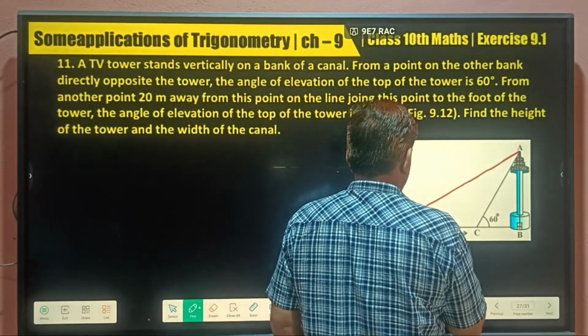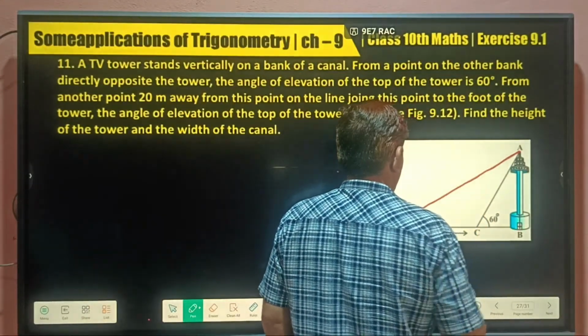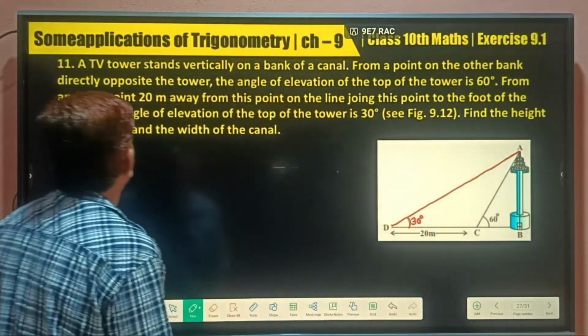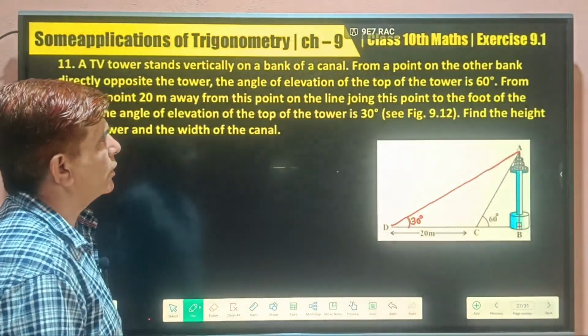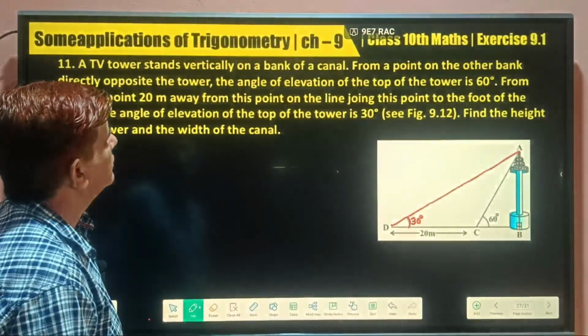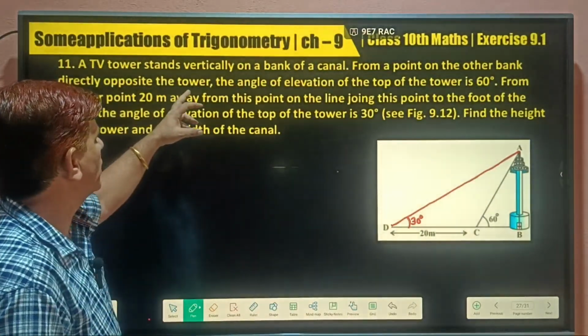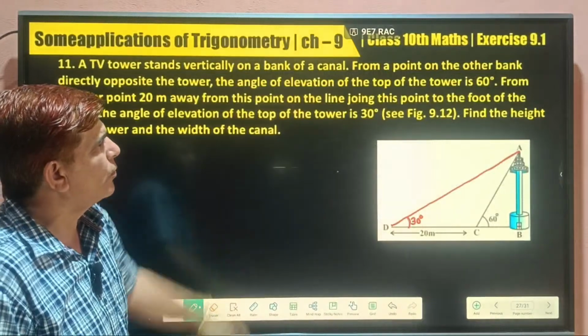This angle is 30 degree. Angle of elevation of the top of the tower is 60 from the other bank directly opposite to the tower.